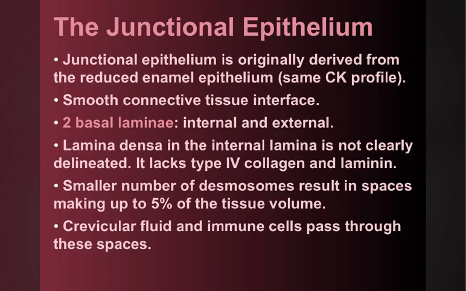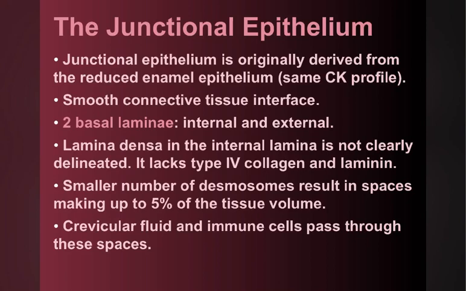A smaller number of desmosomes results in spaces making up to 5% of the tissue volume. Another difference between the other epithelia and the junctional epithelium is that it has a smaller number of desmosomes.